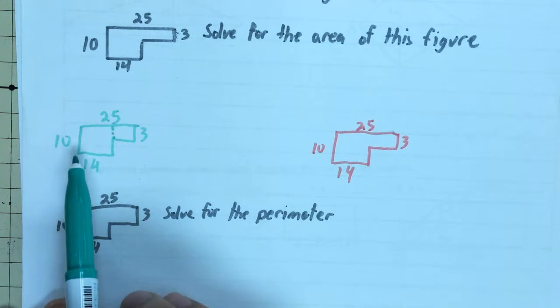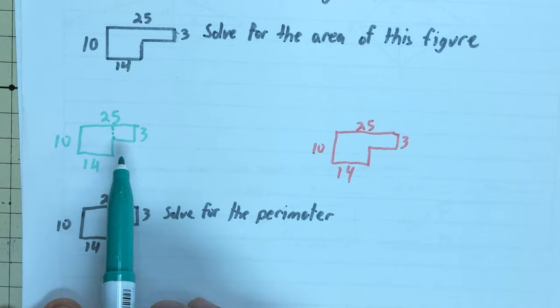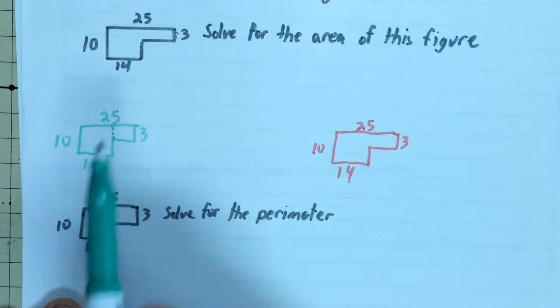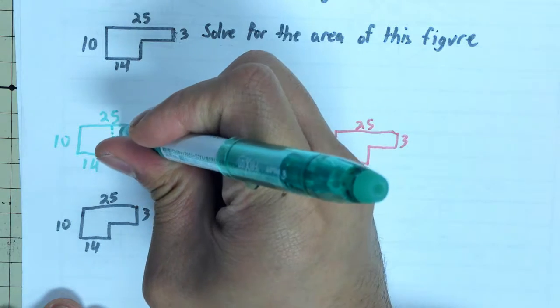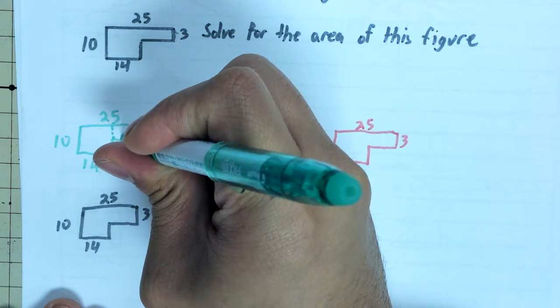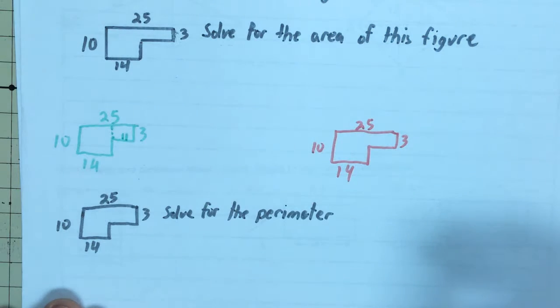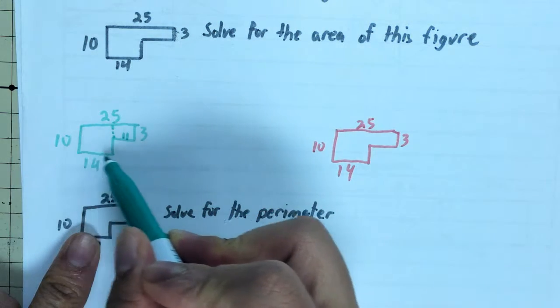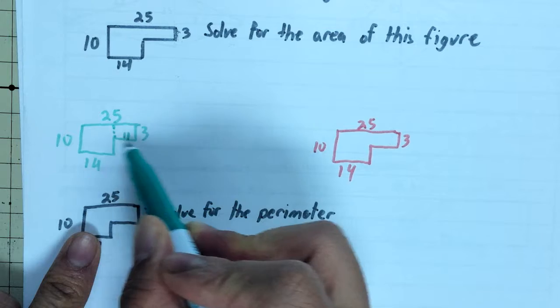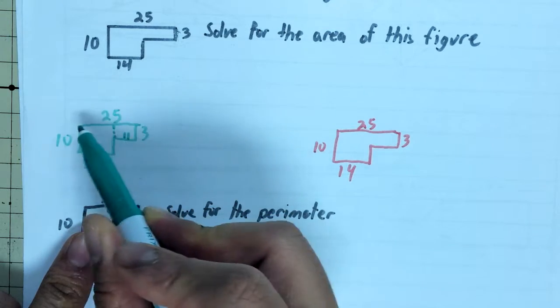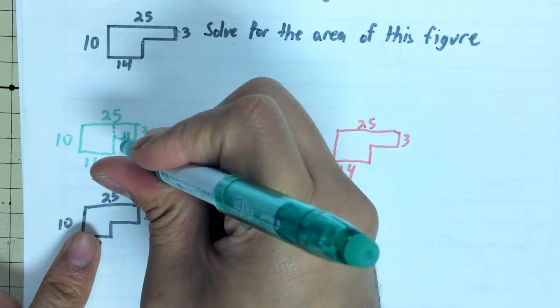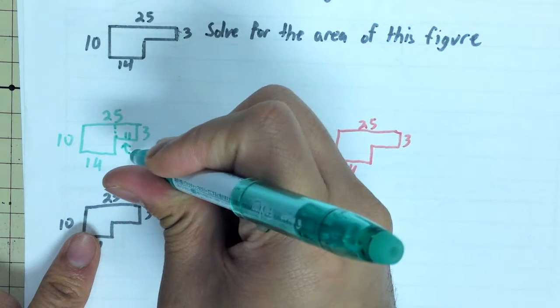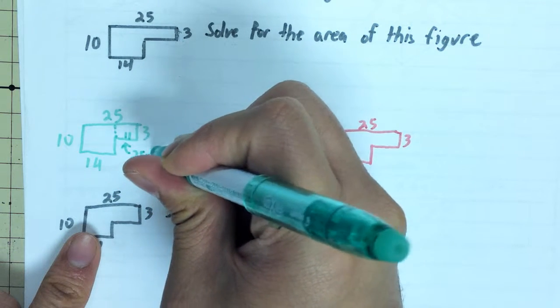On the left, I have a 10 and a 14 as my base and height. On the right, I have over here 11 and 3. 11 because 11 plus 14 equals 25. So let me make a note. We got this by doing 25 minus 14.